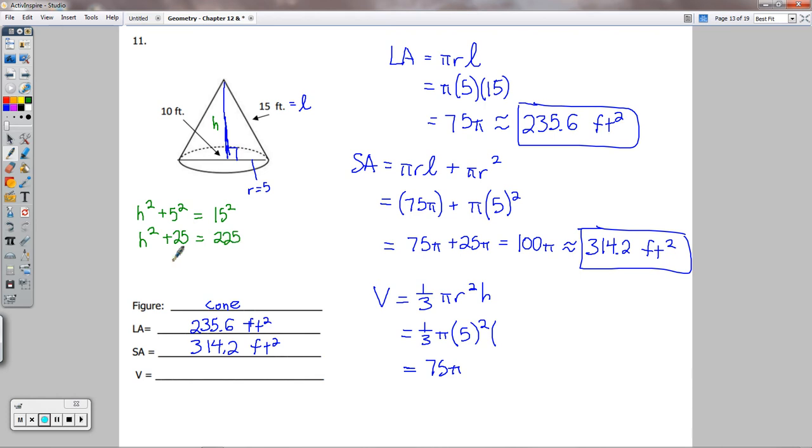So you'd have h squared would be, excuse me, 225 minus 25, which is 200. So you'd have h is the square root of 200. So that should go in right here, square root of 200. And so that's going to change this. Let's just type that into a calculator: 1/3 times pi times 25 times the square root of 200.